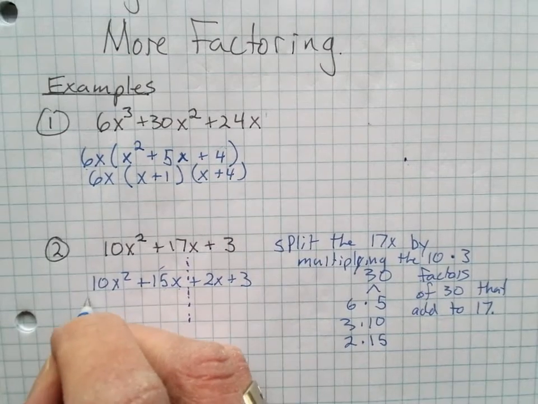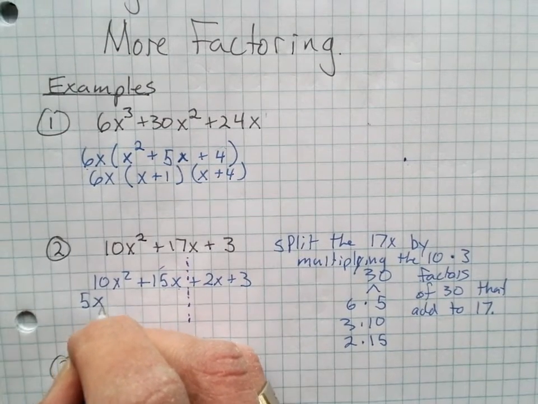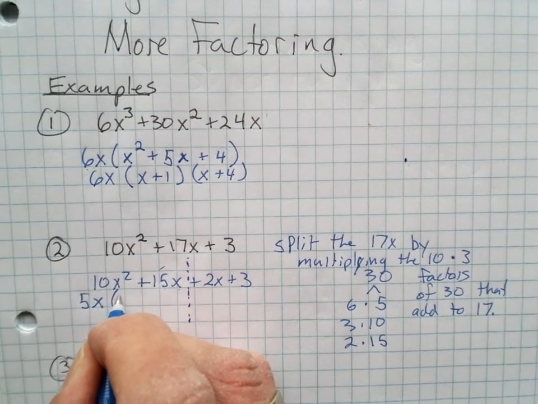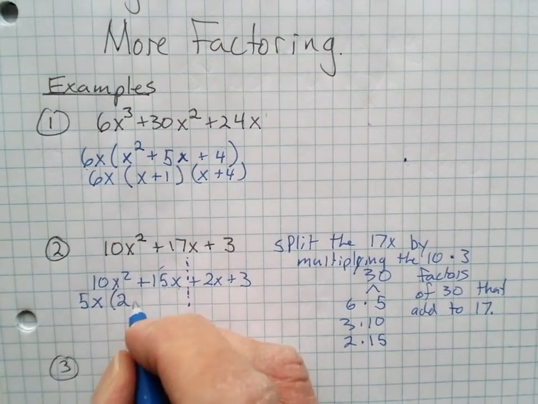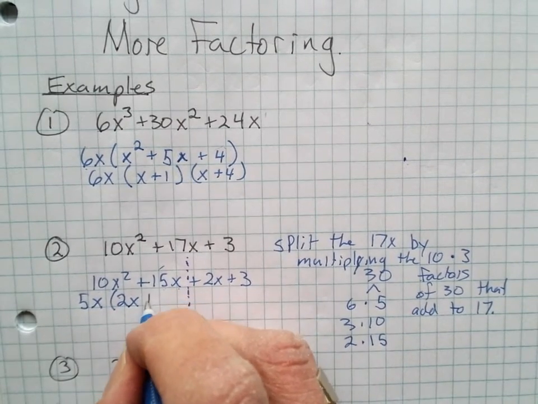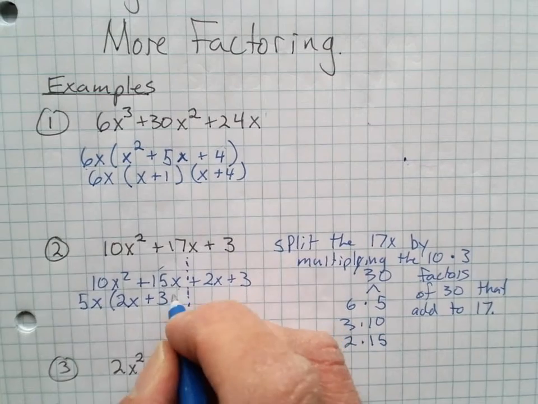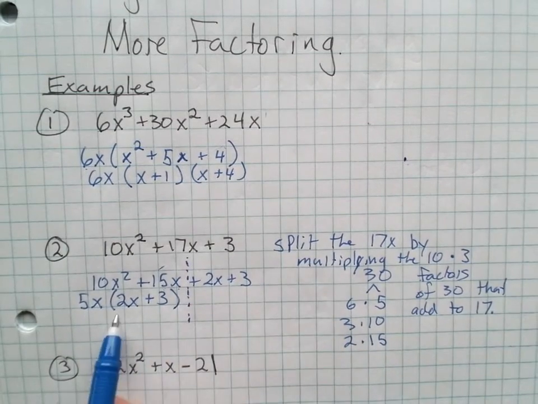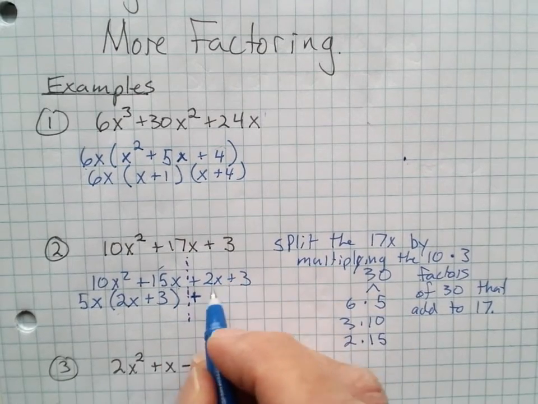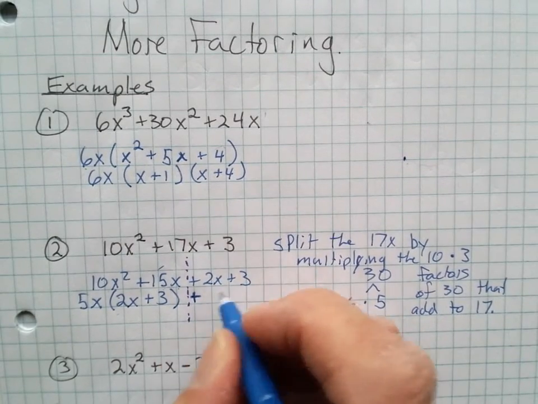So I can factor out a 5x, which is going to leave me, when I divide 10 by 5, I get a 2, and an x. And 15 divided by 5 is 3. Oh my gosh, check this out, right? So now plus, and then over here, I can factor out a 1.